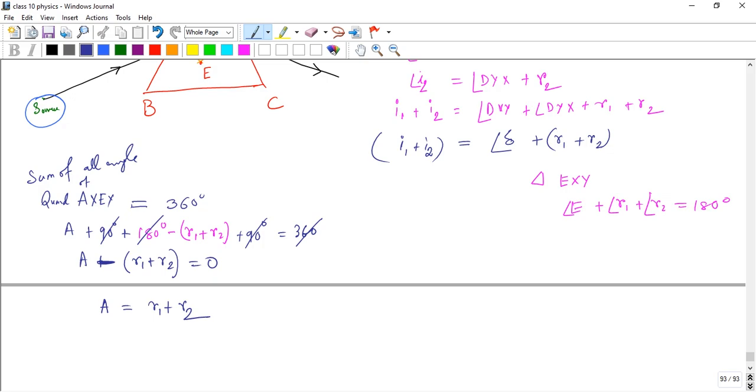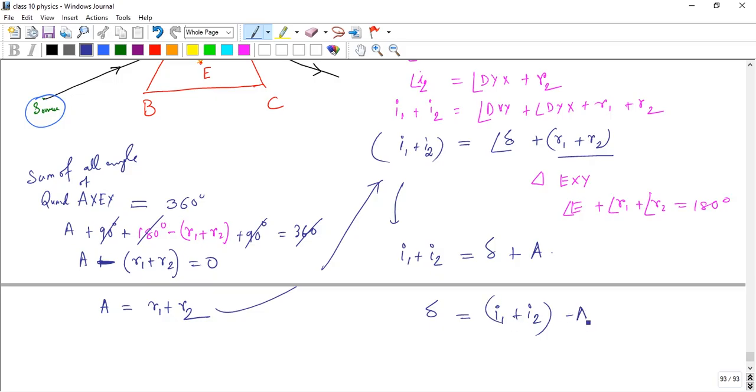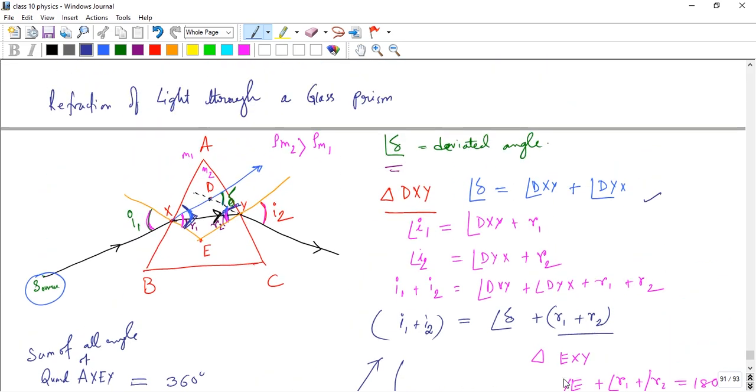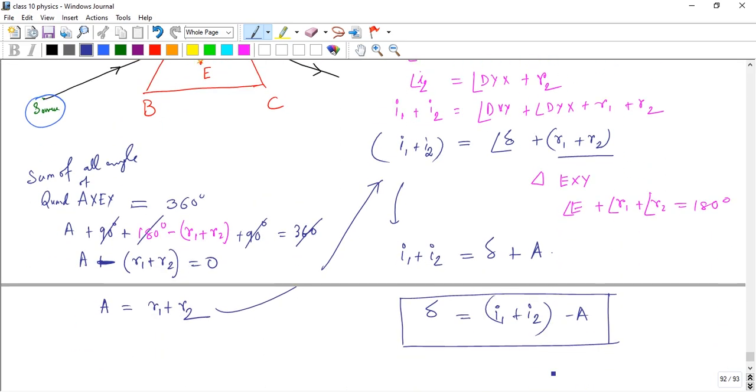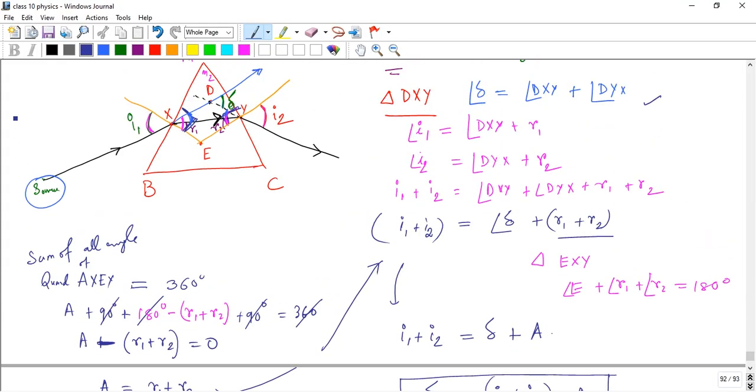Now replace R1 plus R2 here, we get I1 plus I2 equal to delta plus angle A. Finally we get delta equal to I1 plus I2 minus A. So this is the deviated angle. Finally we find the delta, the deviated angle, which depends on I1 and I2.